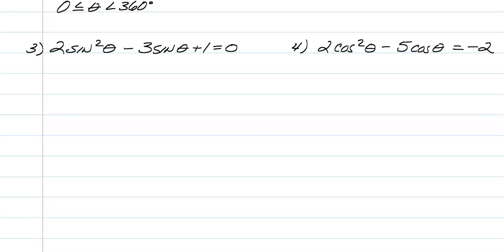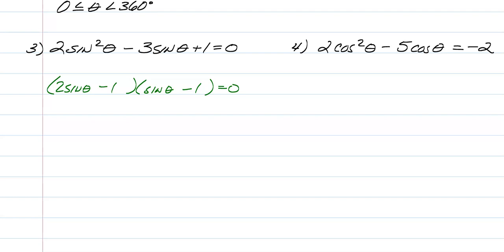This is an example of Batman or splitting the middle term. So to factor 2 sine squared minus 3 sine plus 1, all we're going to do is come up with 2 sine theta minus 1 and sine theta minus 1. Because obviously we have to multiply to a positive one, but we need negatives, so that one's actually pretty easy to do.